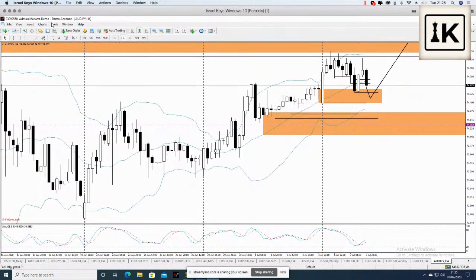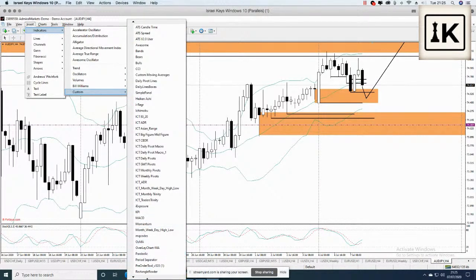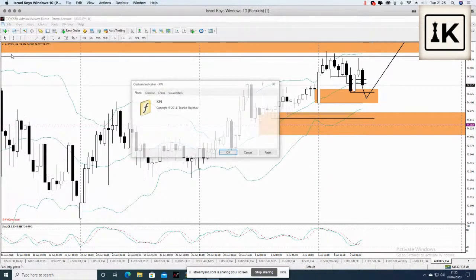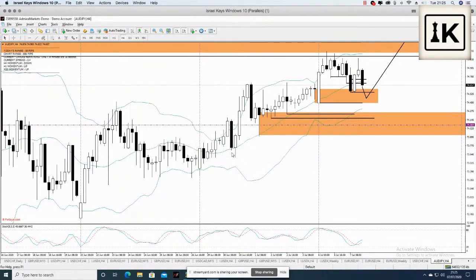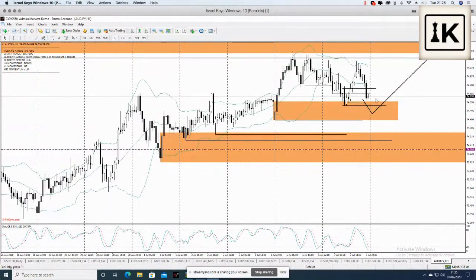Let me add another indicator, custom KPI. So this 4 hour candle is going to close in 34 minutes. See, this is the thing now. It's in what I would call an indecision zone. This is the kind of trade I would not take because there is another order block that's formed there.